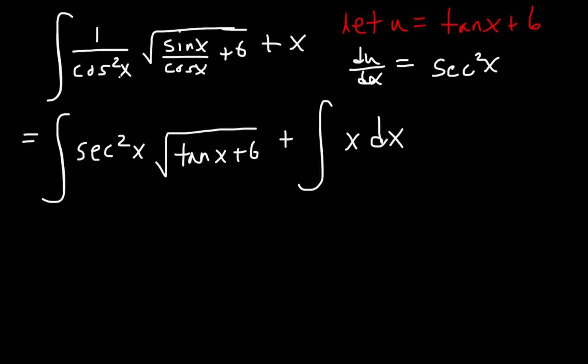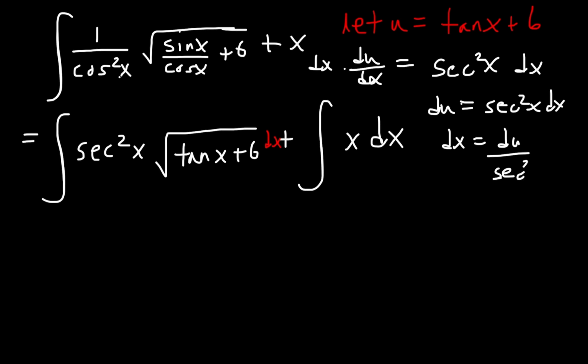And I forgot to put a dx here. So we'll multiply by dx on both sides. So du equals secant squared x dx. Then dx equals du over secant squared x.